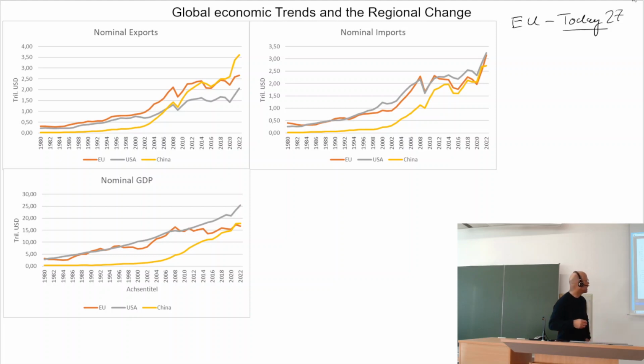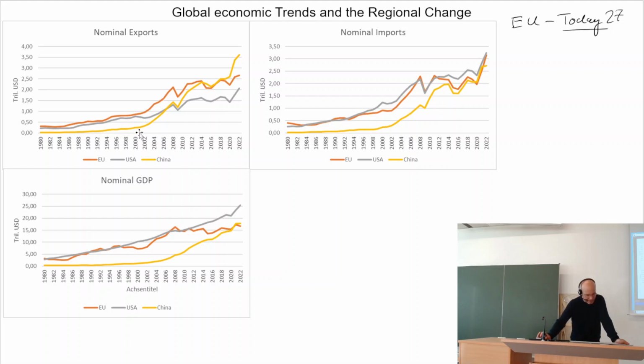But yeah, this more or less works, and so we take the European Union backward, although the European Union didn't exist in these times, or didn't exist with these countries we have right now. Then, of course, the United States and China.